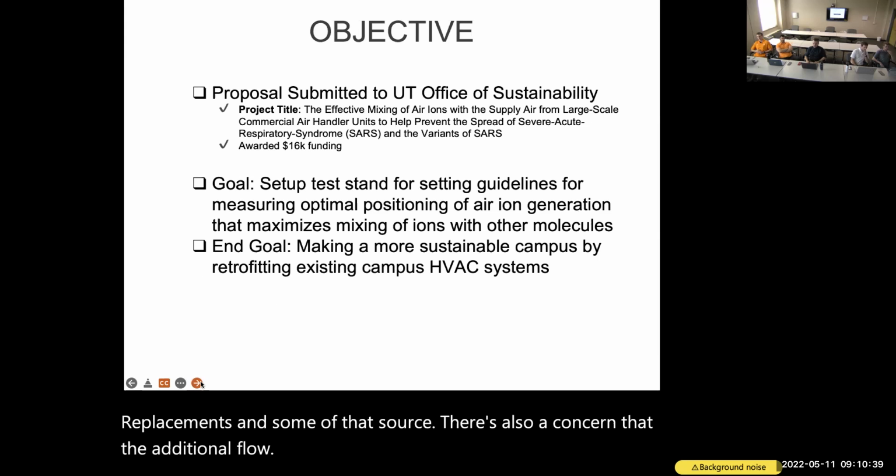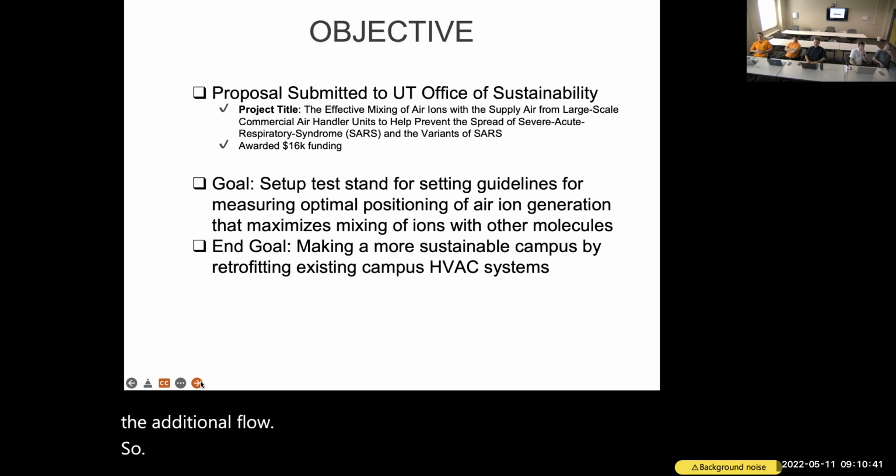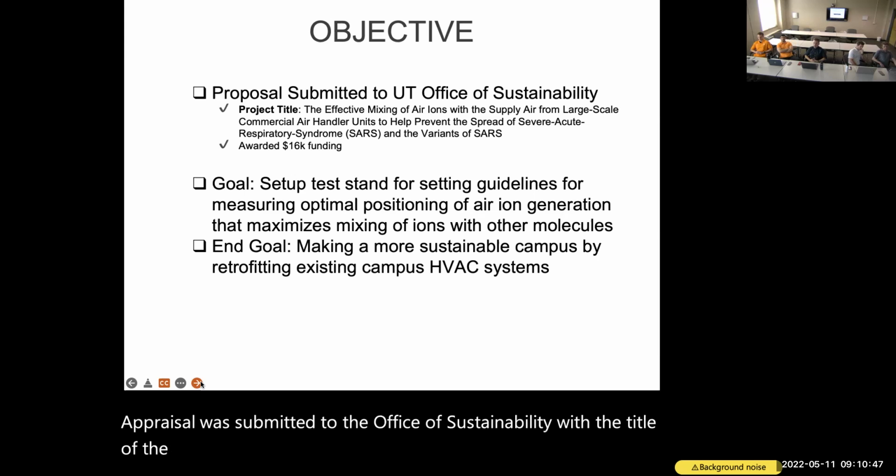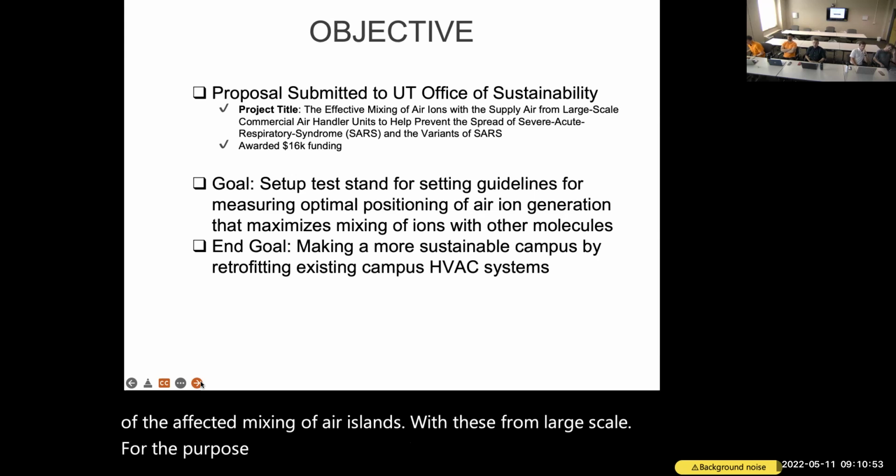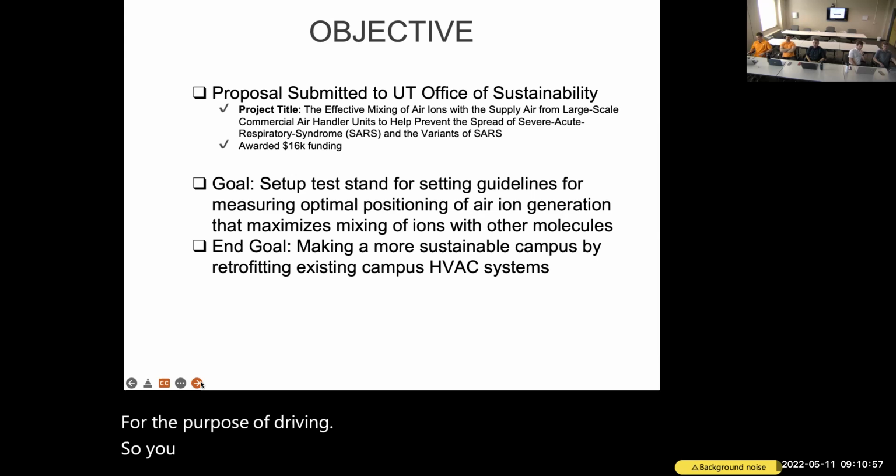So a proposal was submitted to the University of Tennessee Office of Sustainability with the title of The Effective Mixing of Air Ions with the Supply Air from Large-Scale Air Handler Units for the purpose of neutralizing SARS. We were awarded $60,000 in funding, which we thank the Green Space Association for.